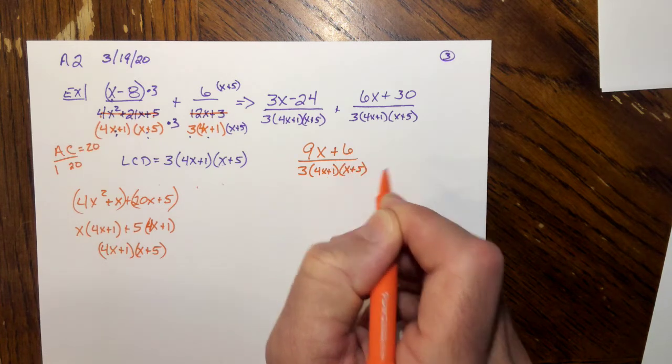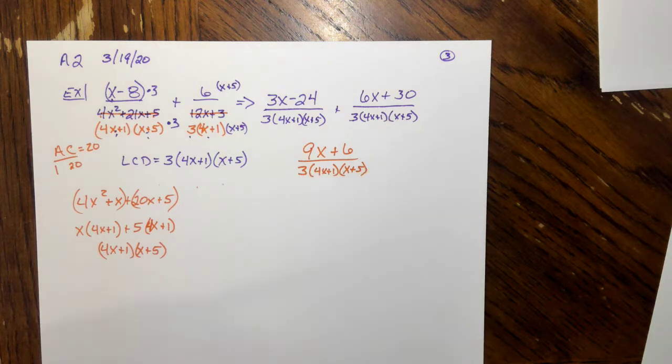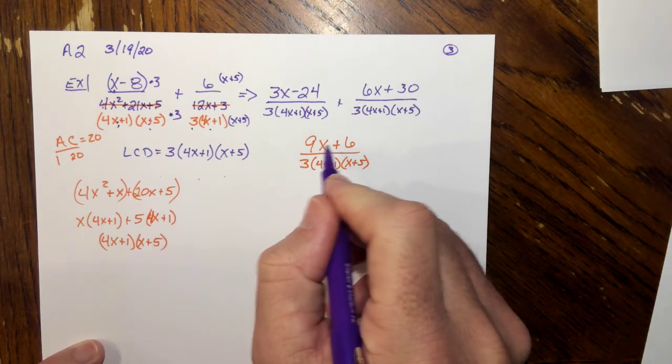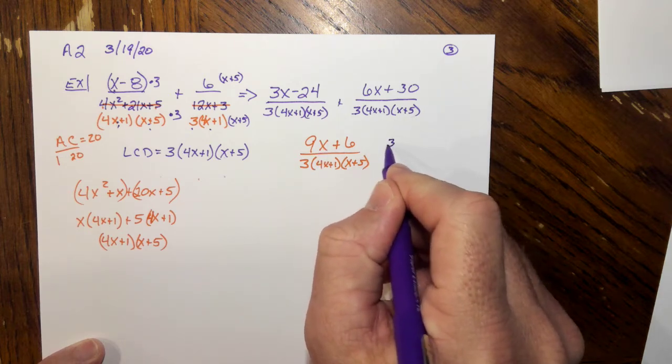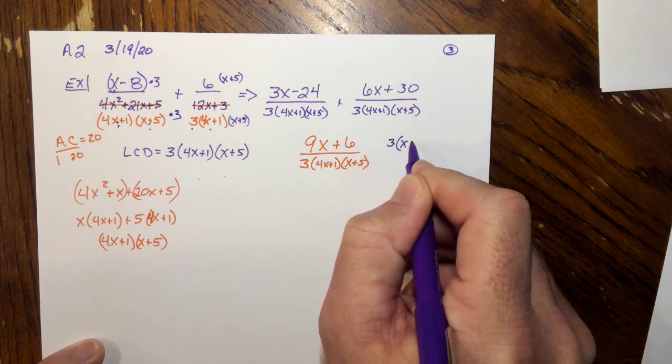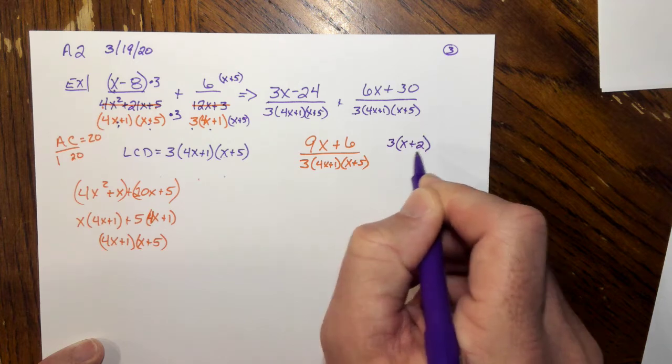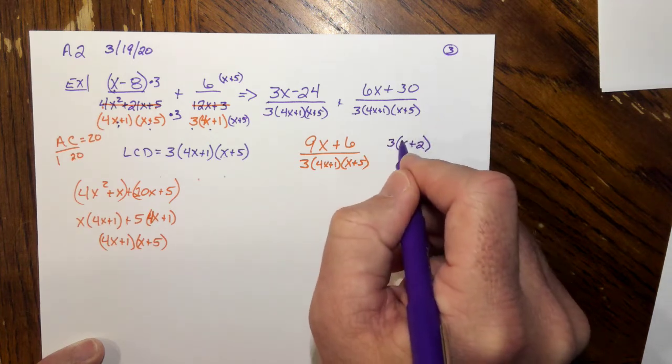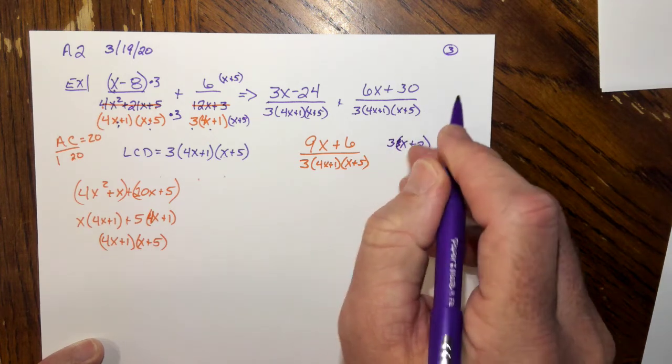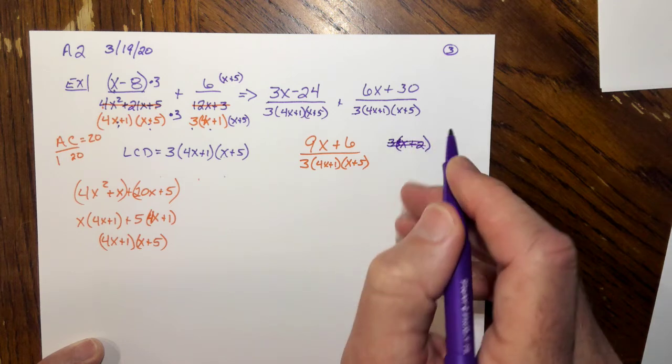But the reason I'm doing this one is so we don't just write things down and move away. They're fractions. Check to reduce. I can get a 3 out of those, leaving us with 3x plus 2. Let's do this the right way.